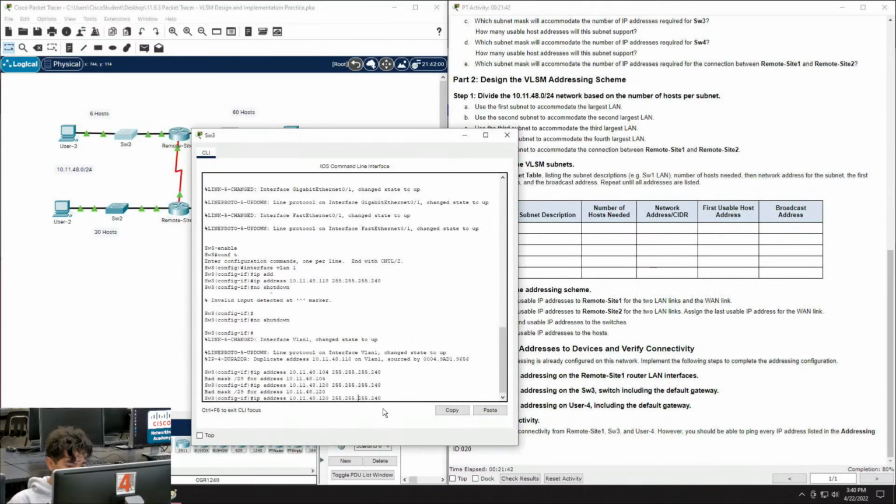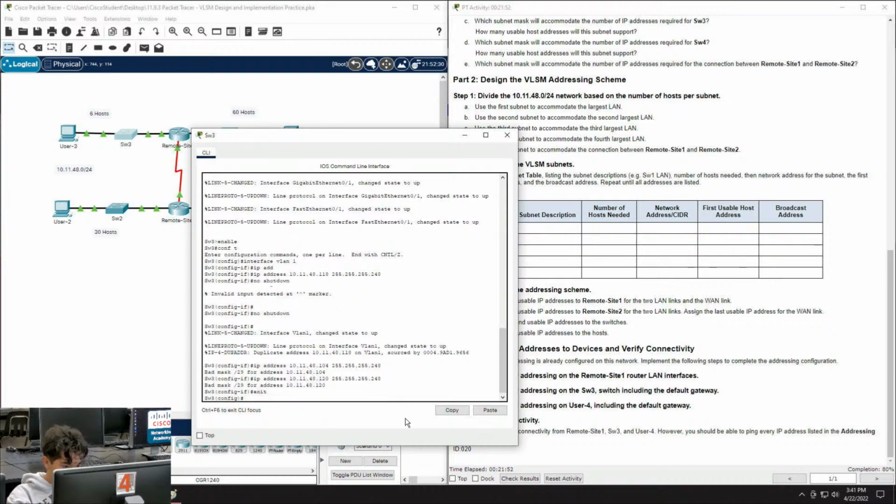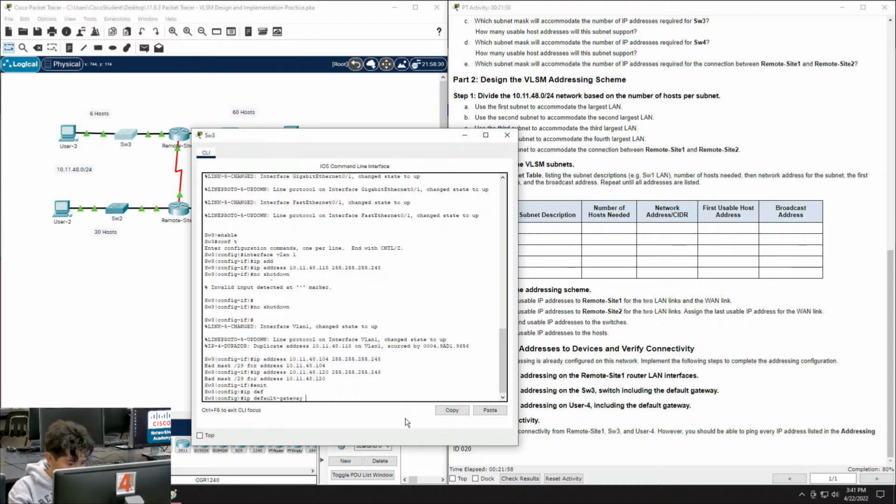Okay, we'll ignore that for right now, and we'll set up the default gateway. We'll exit. All right, to set up the default gateway, IP default gateway, and then we type in the network. Okay, default gateway would be the first usable.